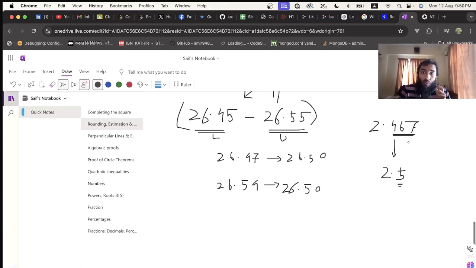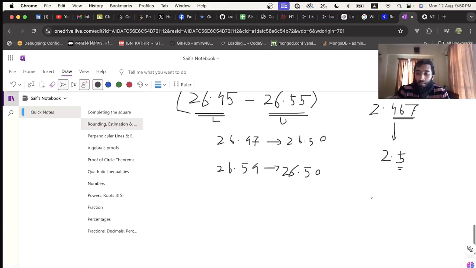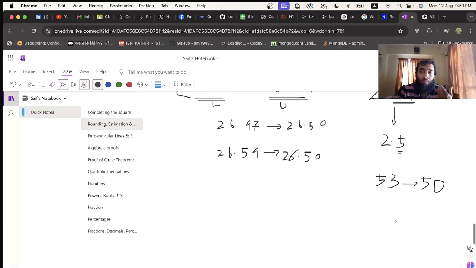So one of the core purposes of rounding is to lessen the number of digits while also keeping the calculation precise. But in terms of estimation, you don't necessarily require that. So for example, 53 can be estimated as 50 even though the calculation is not that precise. Similarly, 47 can also be estimated as an approximation to 50.